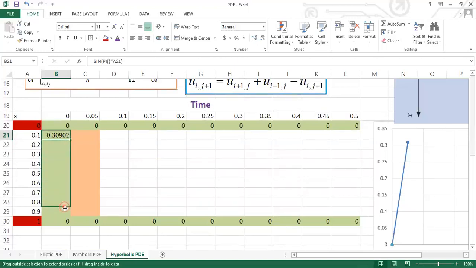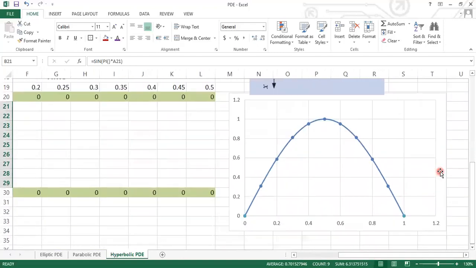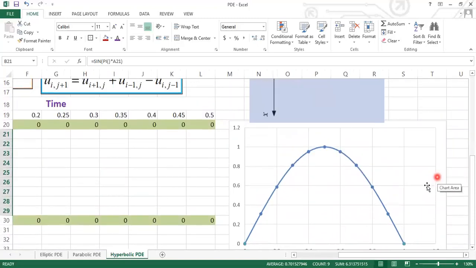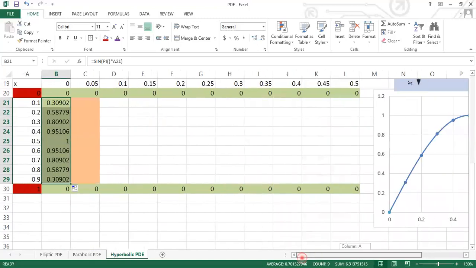And similarly, I can generate the values for the rest of the points. So you can see the initial position of the string in the picture from 0 to 1. It is fixed at 0 and it is fixed at 1. In between, the points are going to oscillate. They will perform simple harmonic motion.